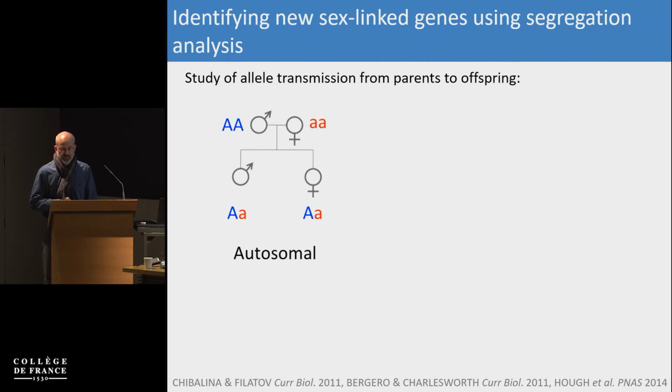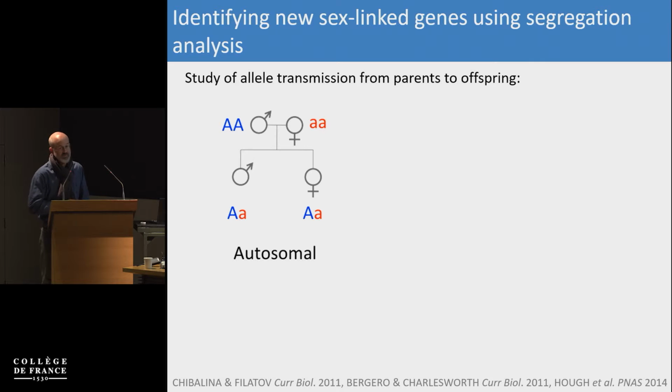The principle is quite simple. The idea is just to study how alleles are transmitted from parents to offspring. So you need a cross, a pedigree, a family, and then you look at the SNPs and the alleles and how they are transmitted from the parents to the progeny.